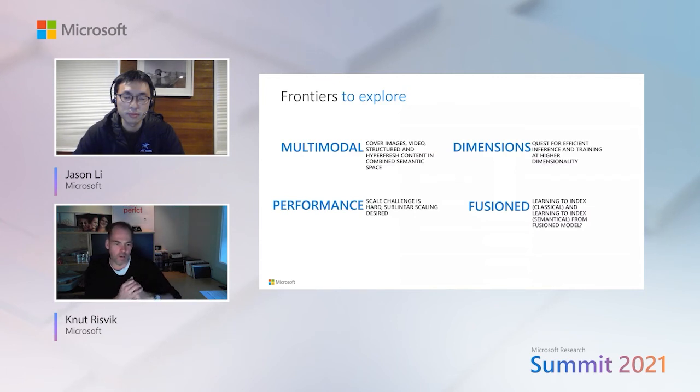In many ways, we're getting into learning to index. This has been particularly interesting as we scale up the number of documents, the number of queries, and some of the new scenarios that Jason just mentioned.